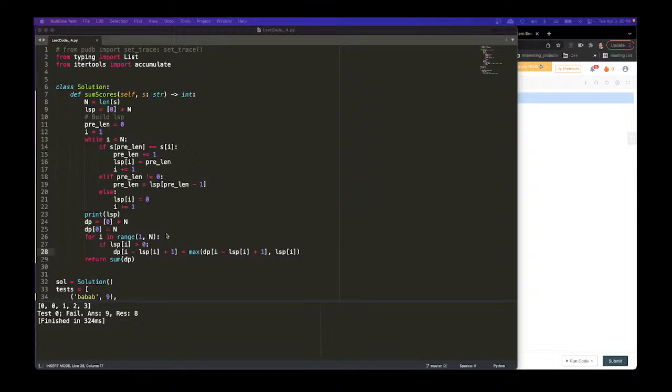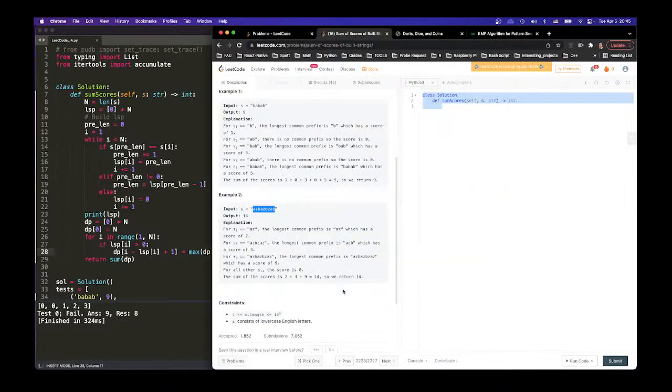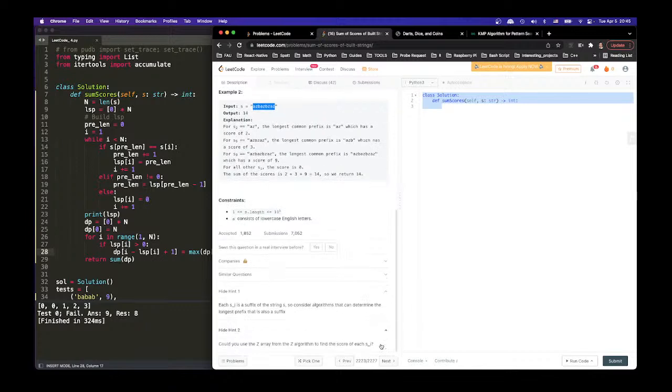I need another hint. No, this is not working. What's the second hint? What the hell is a Z array? What the hell is a Z algorithm? The LSP doesn't work on this, and I can't figure out how to write another one that can help.